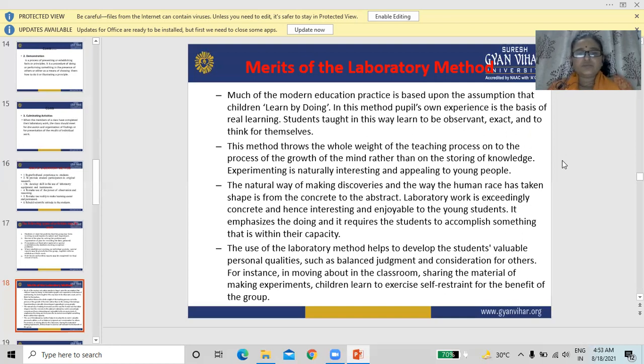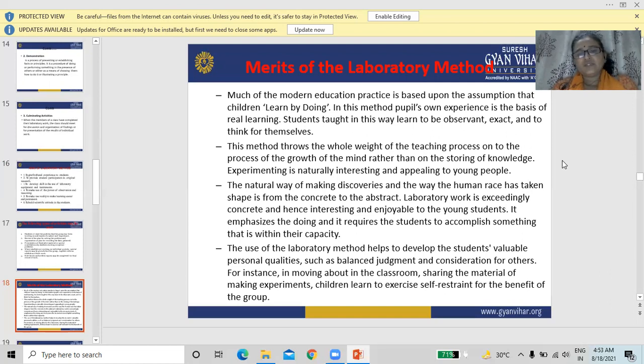The use of laboratory method helps to develop in the student valuable personal qualities such as balanced judgment and consideration for others.